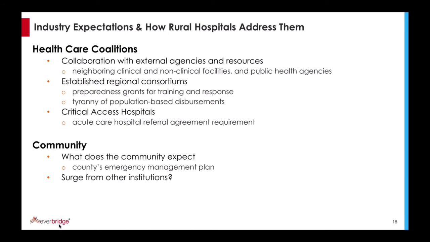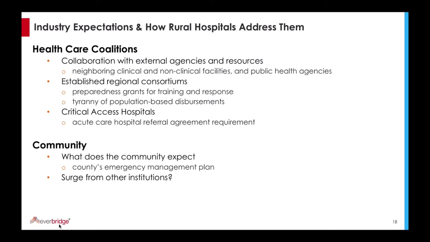It's also important to keep in mind what a rural hospital has for a community and what the community expects from the hospital. Every community has an emergency management plan because it resides within a county in the country. These are often collaborative programs that are developed in concert with institutions in the region. And another thing to consider is a potential surge from another institution.